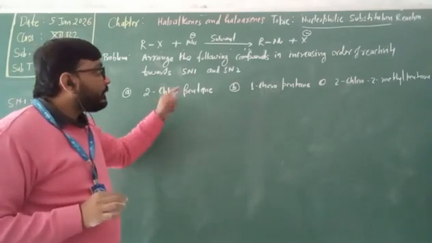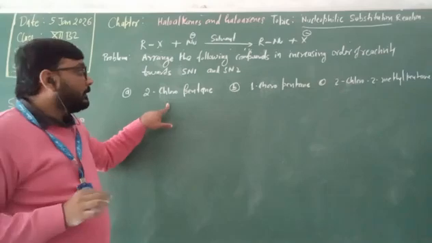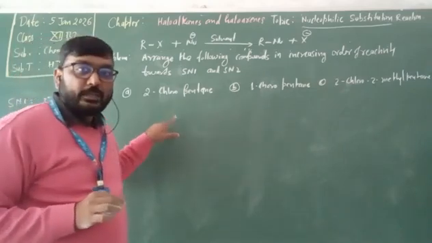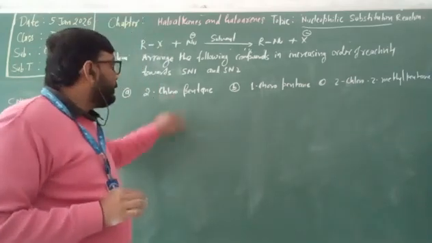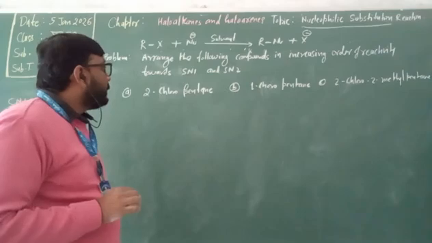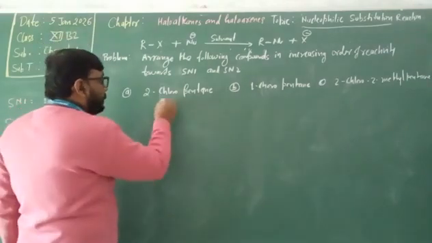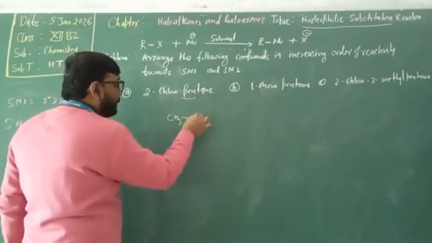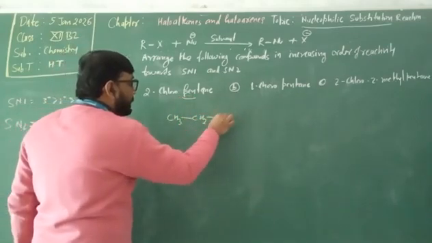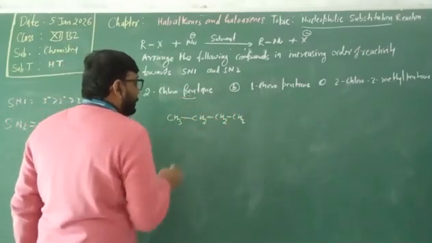When the problem is like that, first of all we need to convert it into a structure. So 2-chloropentane means CH3, then 5 carbons, CH2, CH2, CH2, 1, 2, 3.